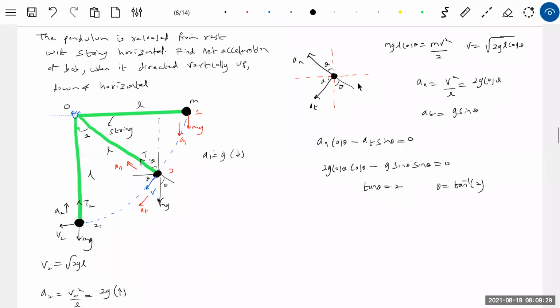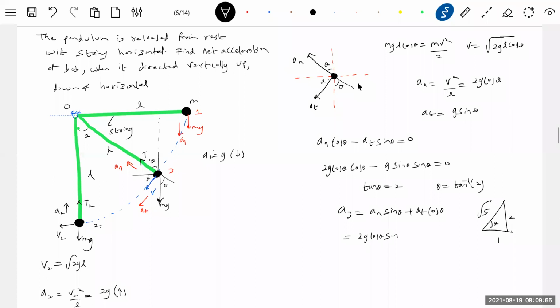Can we calculate how much that is? For that I should add up a_n sin theta and a_t cos theta. a_n is equal to 2g. Tan theta equal to 2 means go for a triangle; the hypotenuse should be root 5. So let's substitute all this. a_n sin theta will be 2g cos theta sin theta, and a_t cos theta will be g sin theta cos theta.